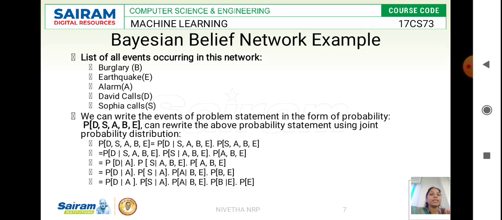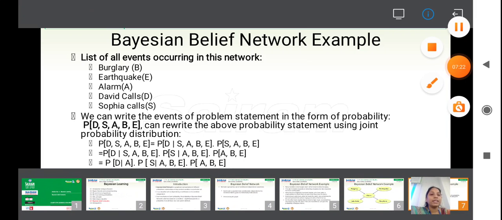For David making a call, we take the probability of D given Sophia call, alarm, burglary, and earthquake, and find the distribution there. Similarly, we will find the probability distribution for each and every event: earthquake, alarm, Sophia call, and burglary.